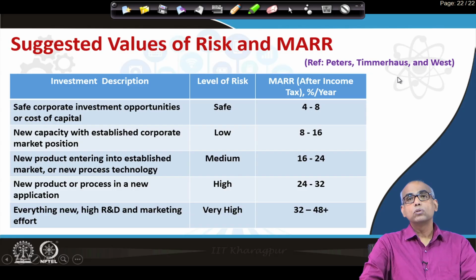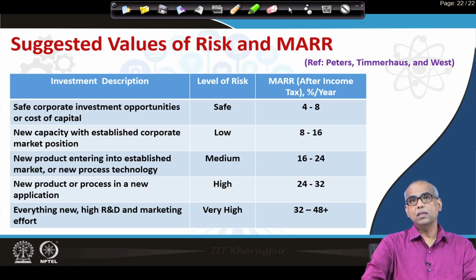So, to evaluate economically a project, you can pick up or select a minimum acceptable rate of return and then perform the economic evaluation of the project, and that project will be profitable only when it returns at least with the rate which is equal to the minimum acceptable rate of return.